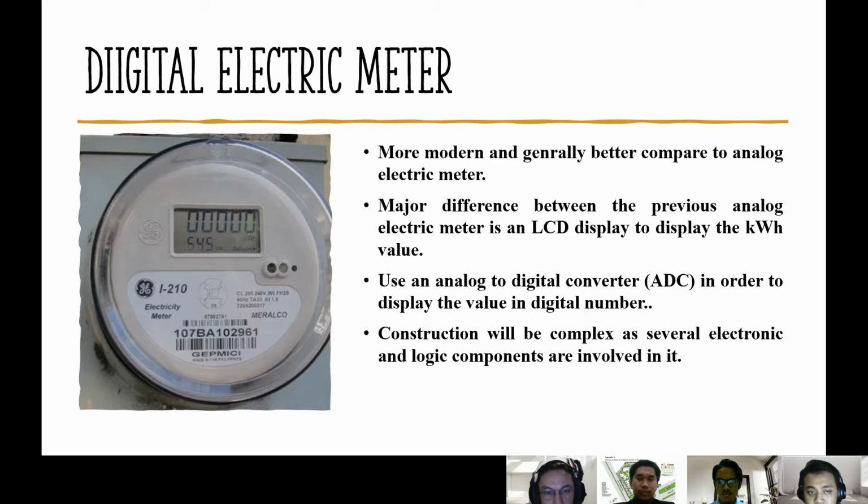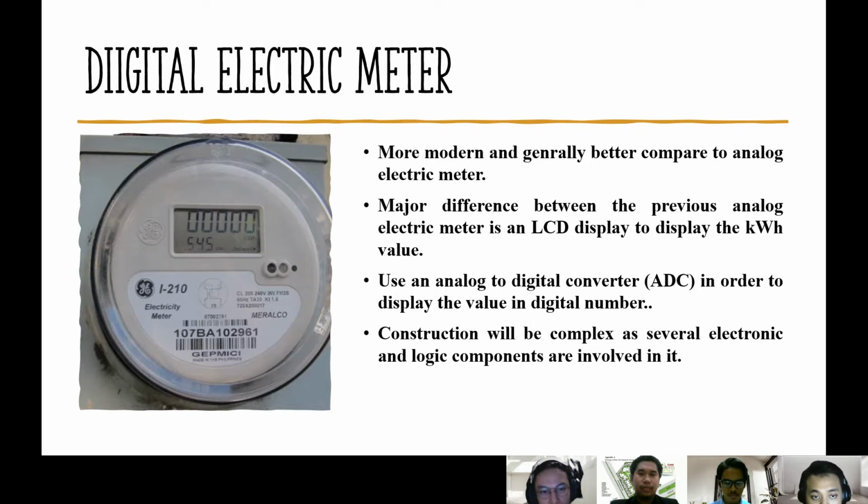The major difference is that the analog meter uses only the scale, while the digital electric meter uses an LCD, and it shows really accurate data on the electrical consumption. The value shown on the LCD screen will be in kWh, kilowatt hour.